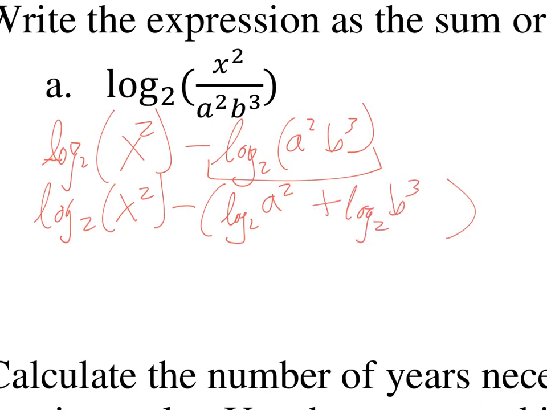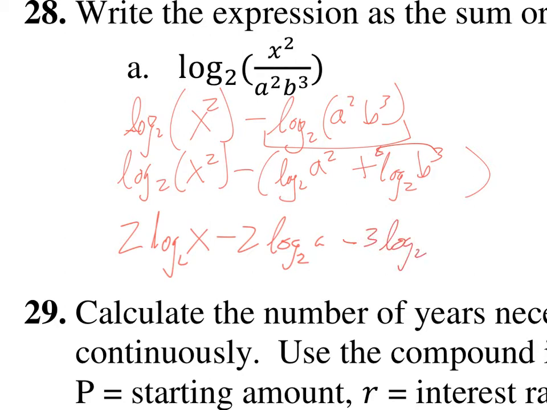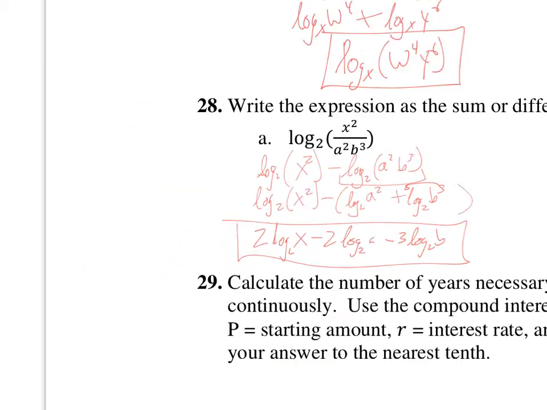This negative is going to get distributed out there, and we're going to drop these exponents: 2 log base 2 of x minus 2 log base 2 of a. Again, this minus affects both of these, so we're going to have minus, bringing this exponent down, 3 log base 2 of b. There's the expanded version.